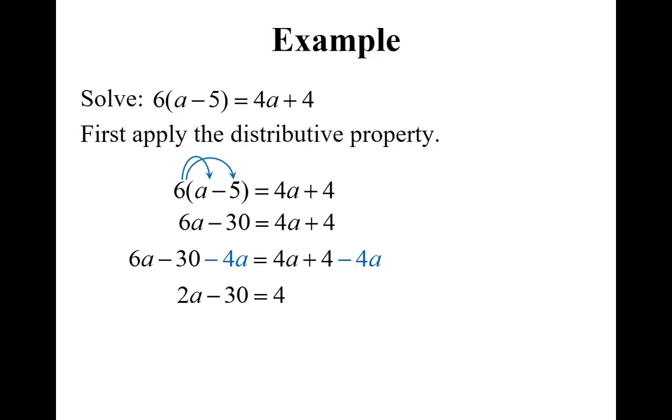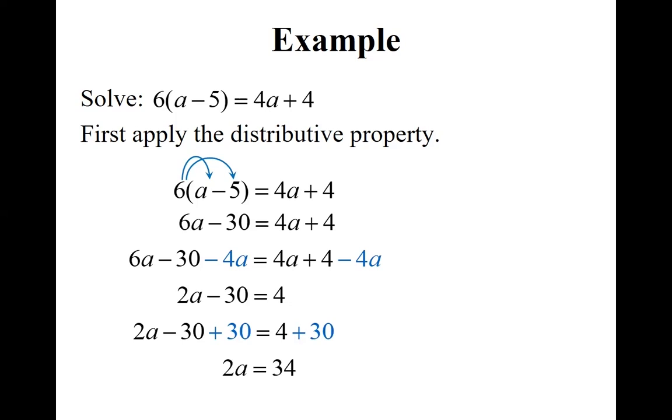On the right, we're just left with positive 4. Now we've established our a's on the left. Let's get rid of the minus 30. We do that with plus 30. Whatever we do on one side, we do on the other. 2a equals 34.